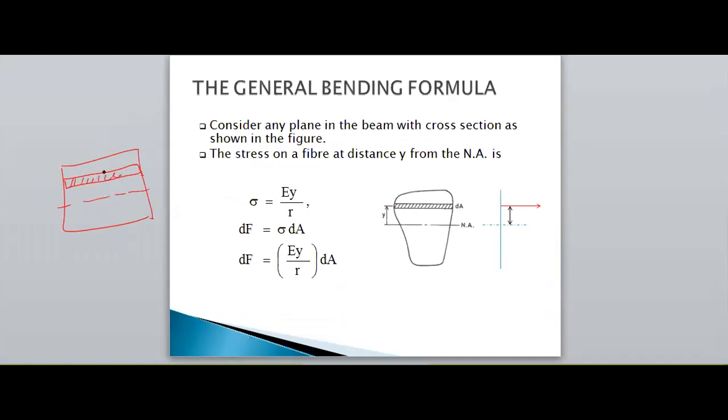This is the B side and this is the A side. I am considering only one thin layer, and this is the cross section I am showing here.